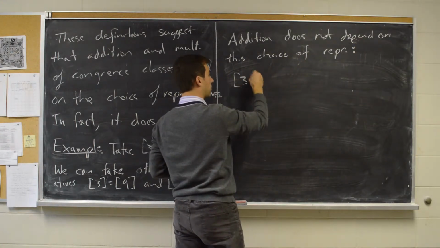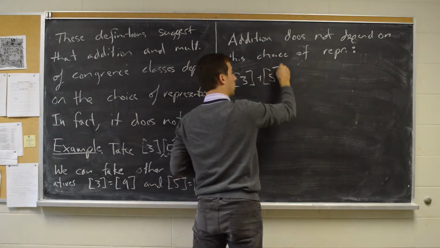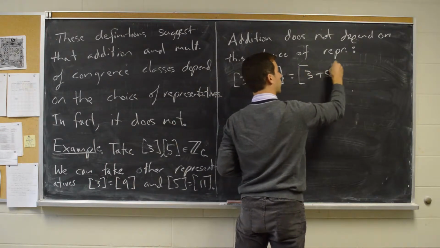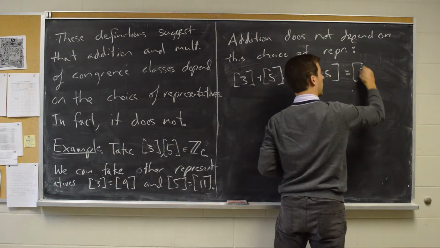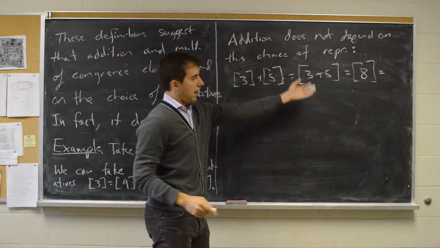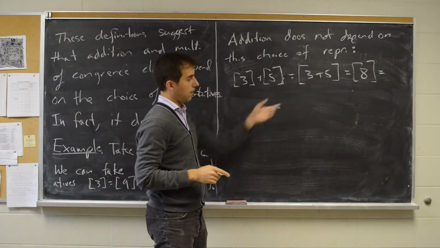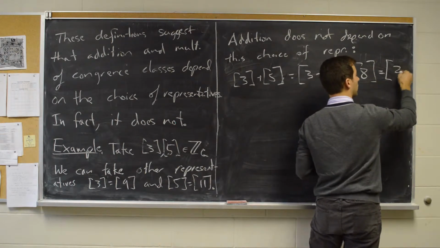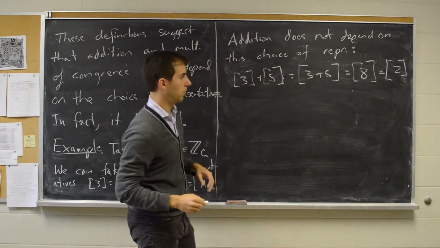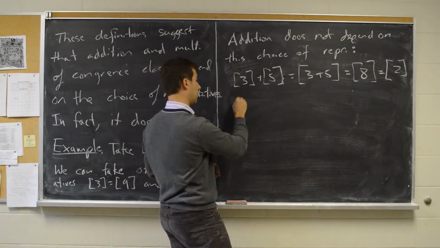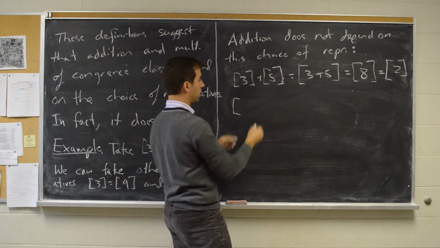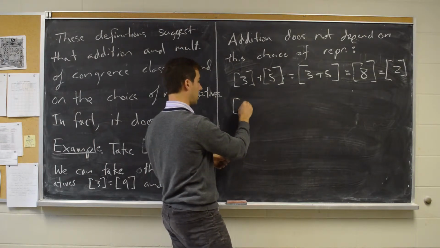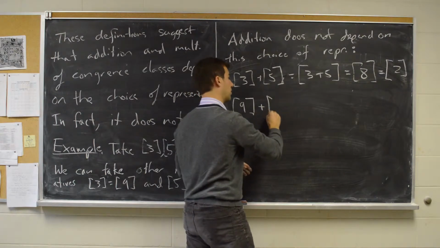If I take 3 and I add it to 5, what do I get? Well, the rule says I need to add those two numbers. 3 plus 5, I get the equivalence class of 8. And I could add or subtract 6 to that to get another representative. I'm going to subtract 6 to get it back down to 2 to put it in my range from 0 to n minus 1. Now, if I were to take this exact same summation, but write it slightly differently, so instead of 3, I'm going to be using 9, and instead of 5, I'm going to be using 11.